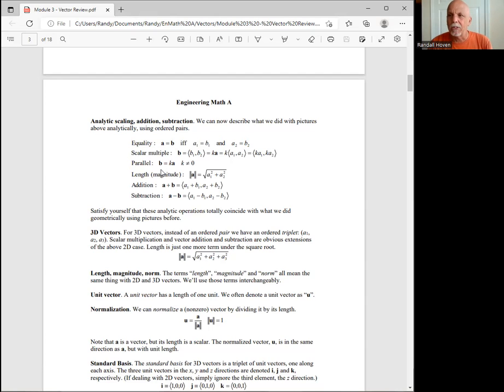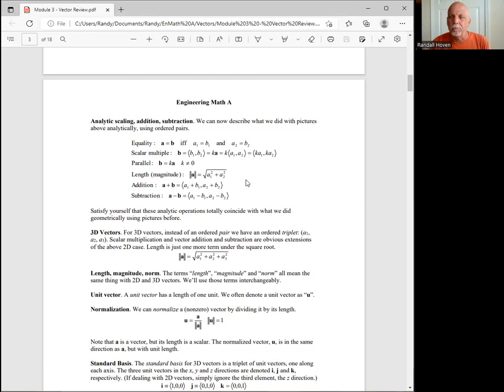If two vectors are simply scalar multiples of each other, you call those guys parallel. And this is going to be the easy way to deal with parallelism. Two vectors are parallel if one's a scalar multiple of the other.